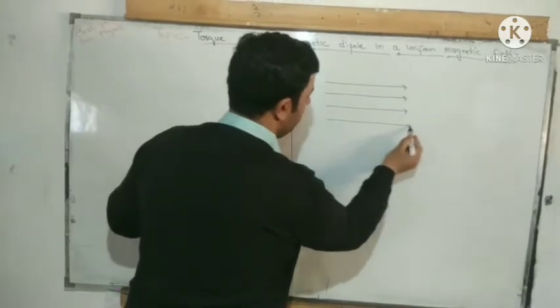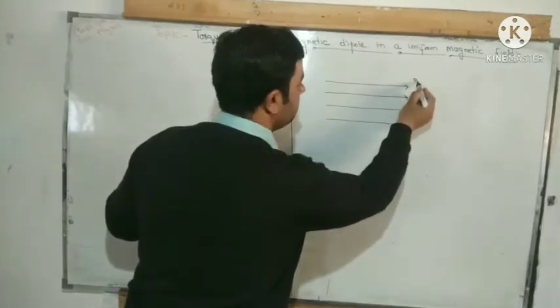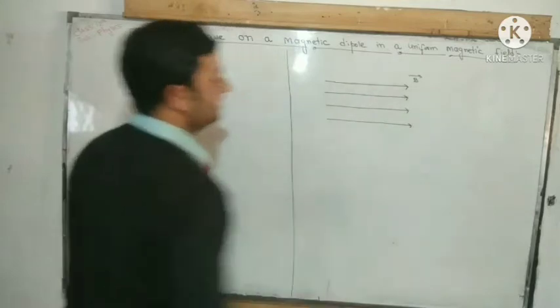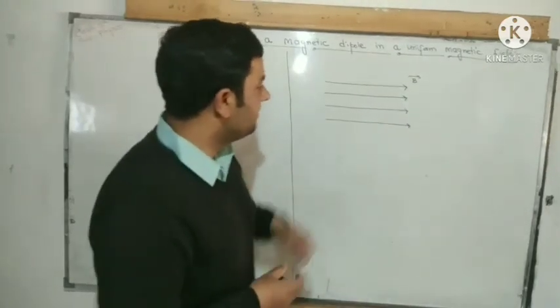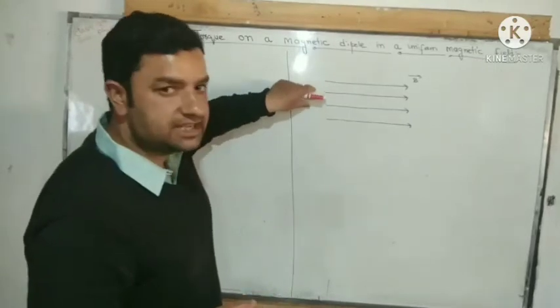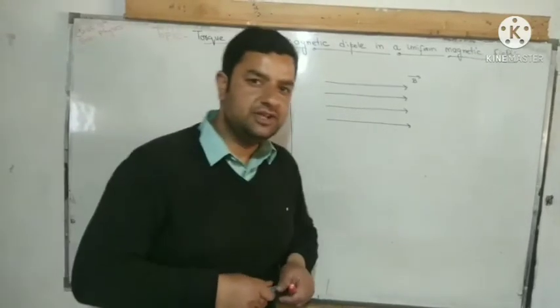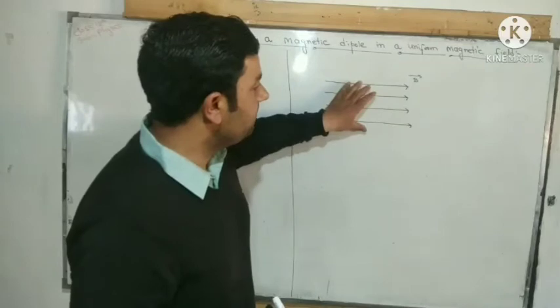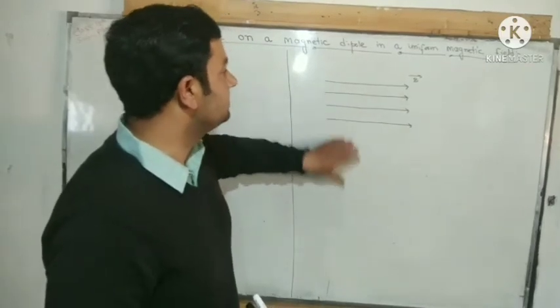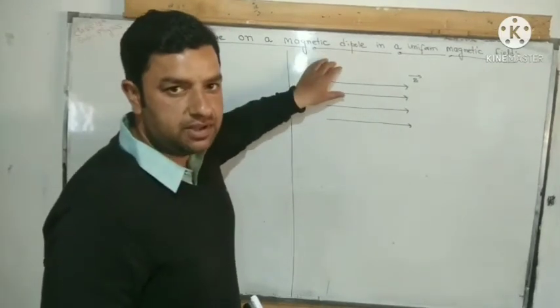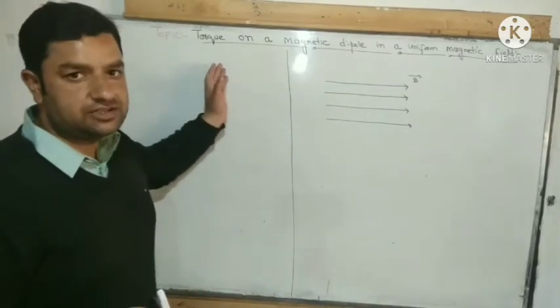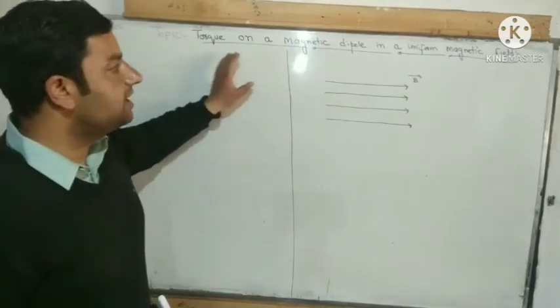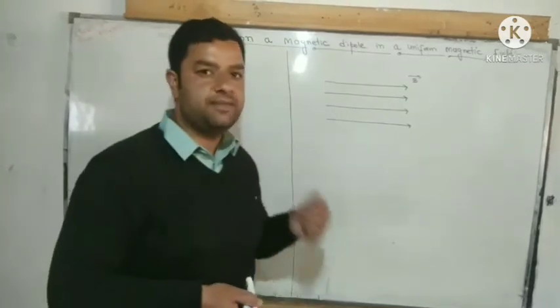If a magnetic dipole is placed in a uniform magnetic field, it experiences a torque, and we will calculate the torque on a magnetic dipole in a uniform magnetic field.